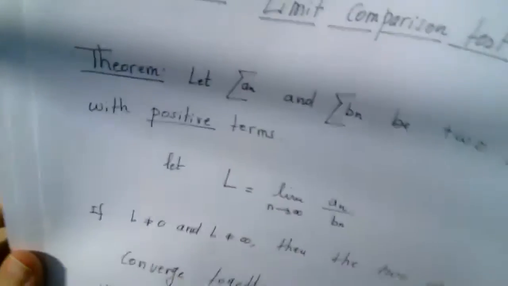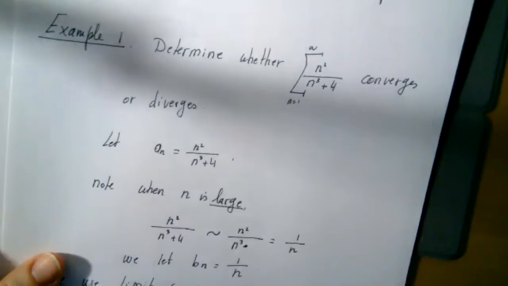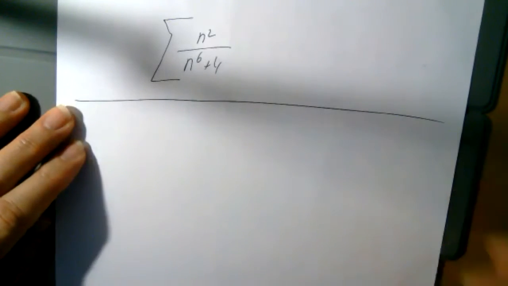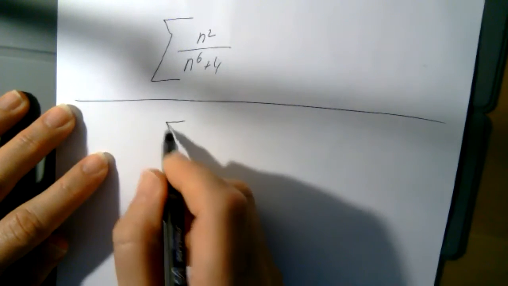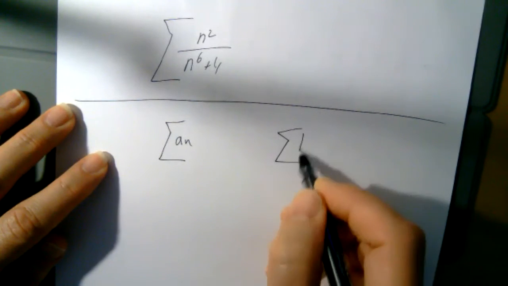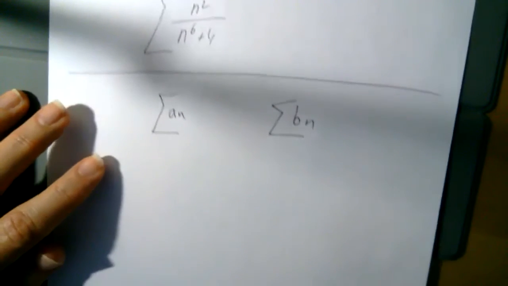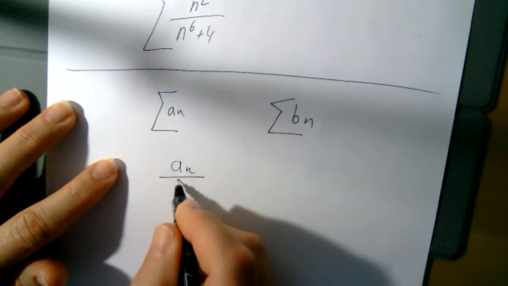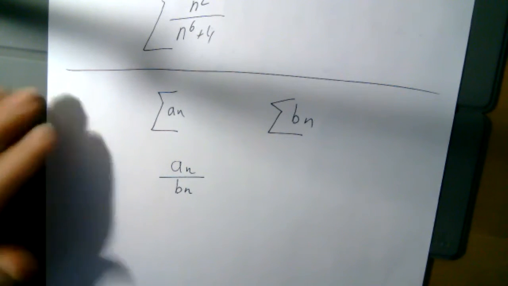Now, intuitively, why this makes sense, and then how to apply it. Intuitively, why it makes sense. On a very, very intuitive basis, we have this series, two of them, one and the other. And suppose I look at an over bn, the ratio.